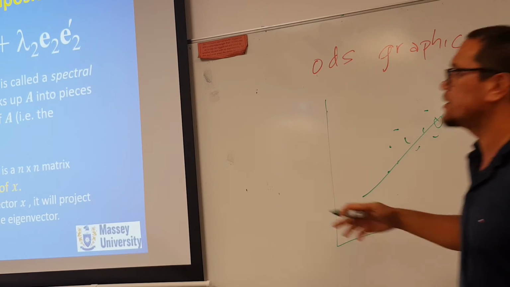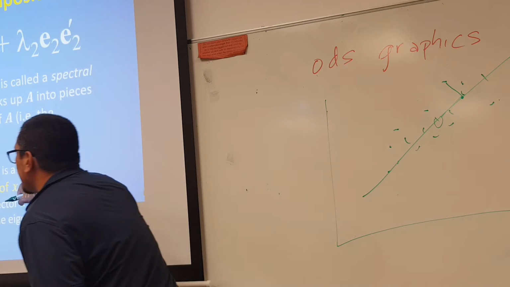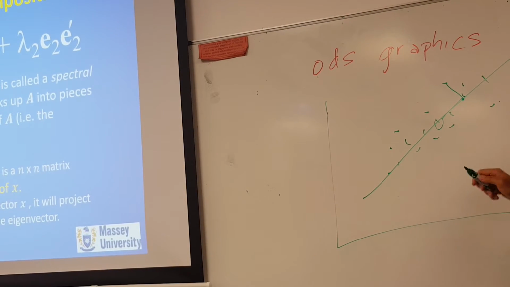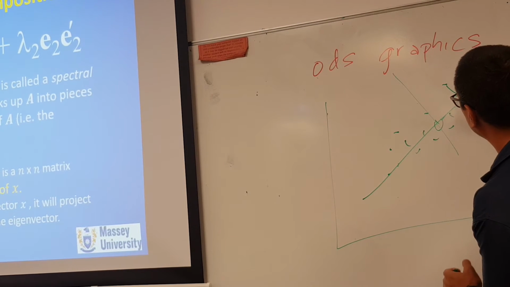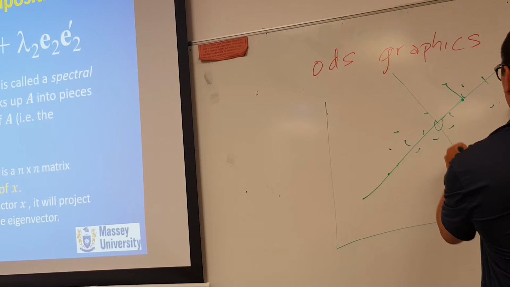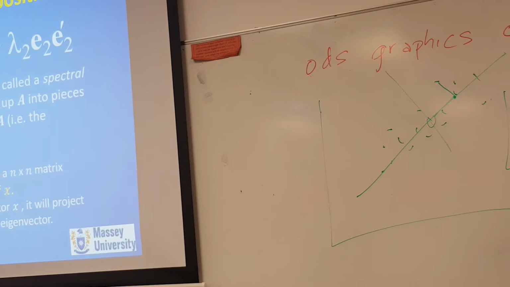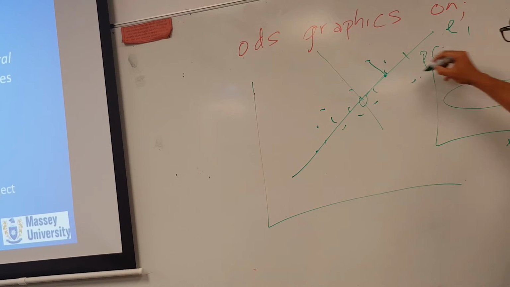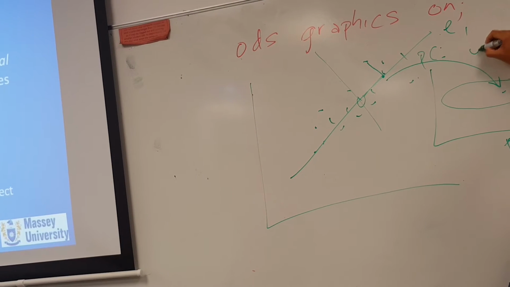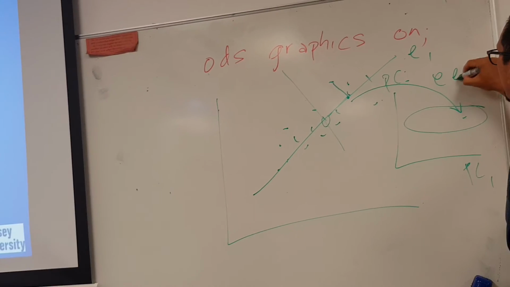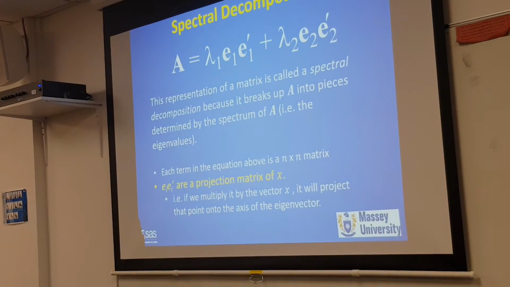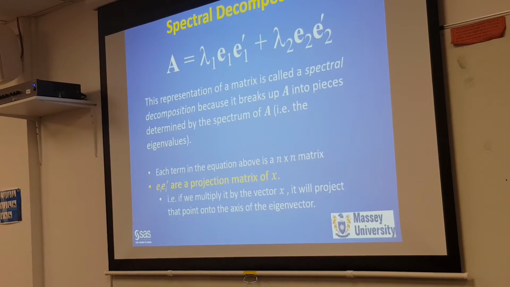This is the projection from the original data onto this to give us these values. So this data point might have been rotated, and we have a new coordinate system, PC1, PC2, and that's going to look flat like this. So we're going from here to here using that E prime, or E transpose. It's the projection matrix of X. So that times X gives us a new coordinate system.